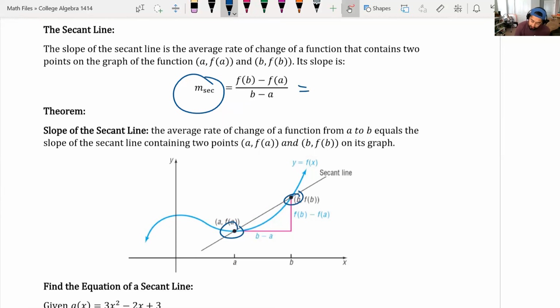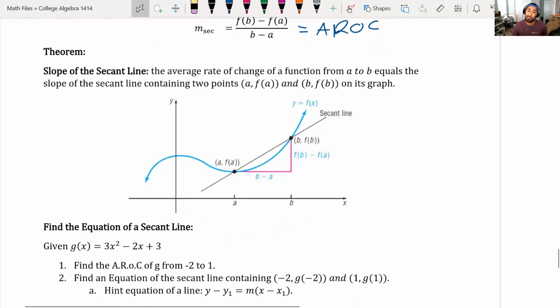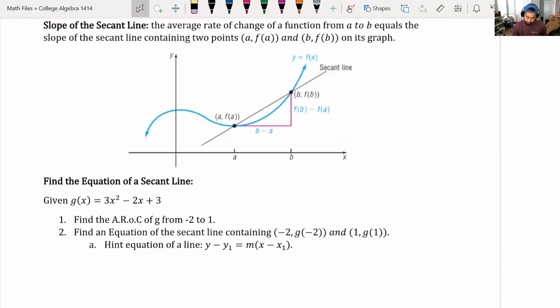So this is also the formula for the average rate of change. Nothing new. We're just going to be finding the equation of a line, and I'll show you how to do that. So we know how to find the slope between 2 points. Now we're going to use that information to find the equation of a line. So let's go ahead and do that down below.